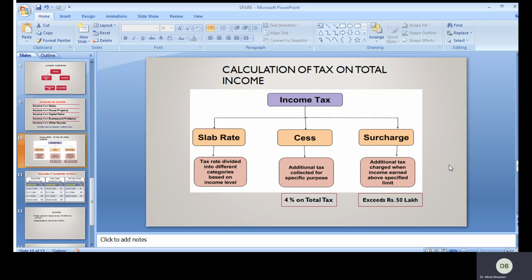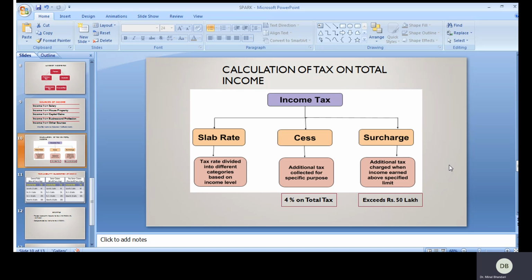There are chances that these slab rates vary from year to year, that means the exemption limit or the percentage of tax on that particular limit might vary from year to year.